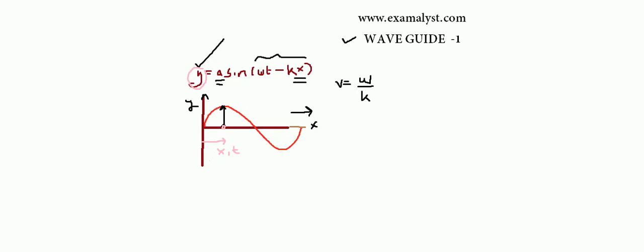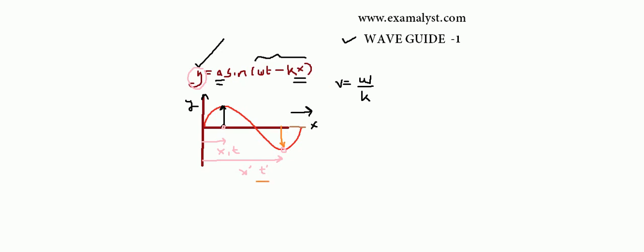Similarly, consider another distance x dash, okay, at time t dash. So y will tell me at time t dash how high it is, or what is the displacement of the particle from its mean position. So why am I saying different times?